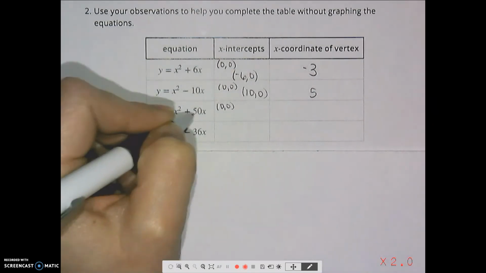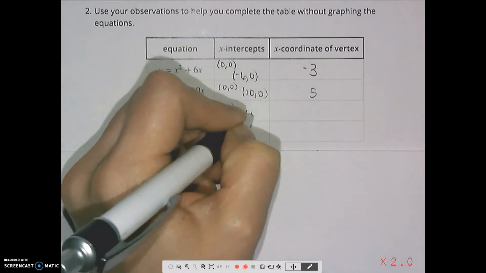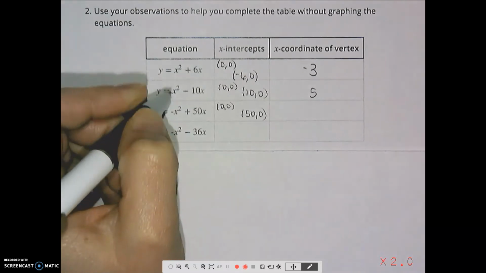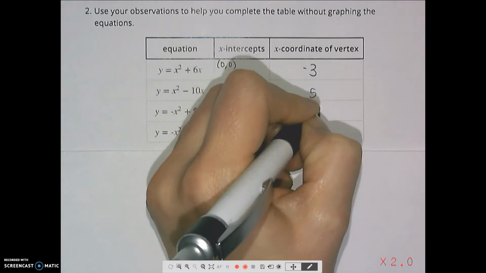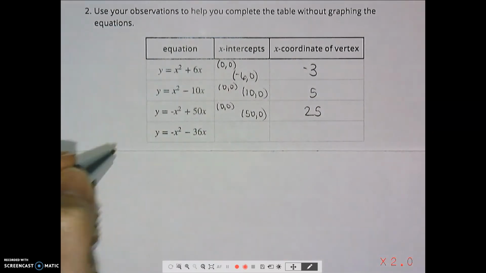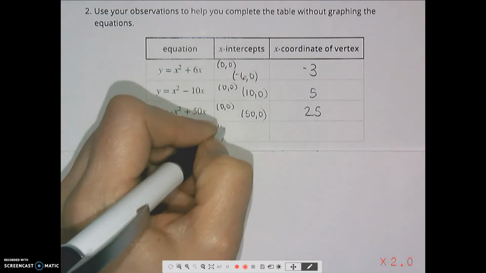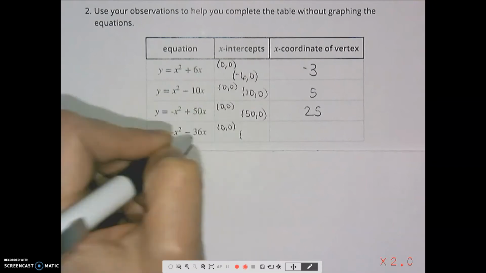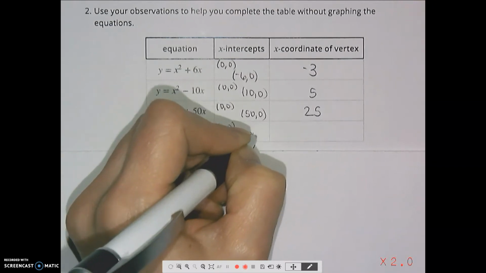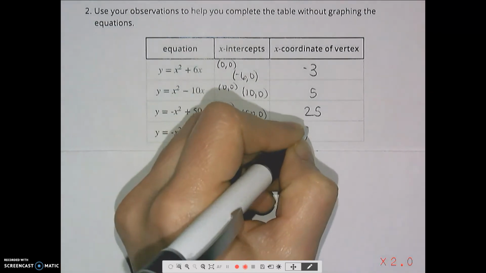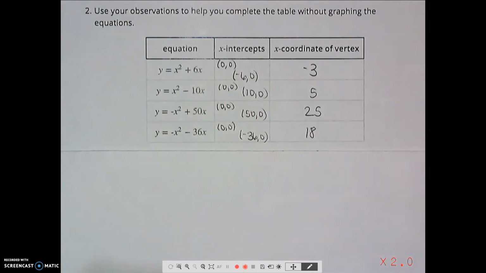And this is going to go through positive 50, 0 since this x squared is negative. That means our x-coordinate halfway between 0 and 50 is 25. Negative x squared, negative 36x goes through the origin and also goes through negative 36, 0. Halfway in between those two would be an x-coordinate of negative 18.